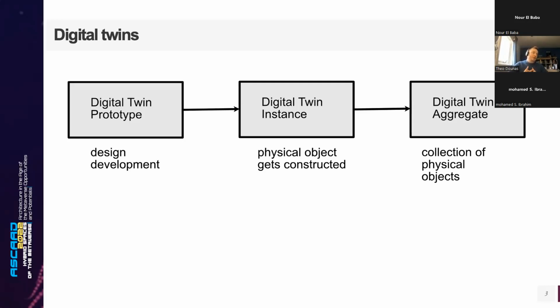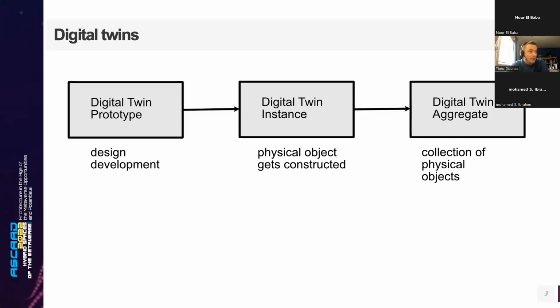And if we try to understand the life cycle of digital twins, or rather the scale of them, the most familiar part that we would have as architects is the digital twin prototype, right? So developing, for example, a building information model or any kind of model of how our architecture piece will be developed.